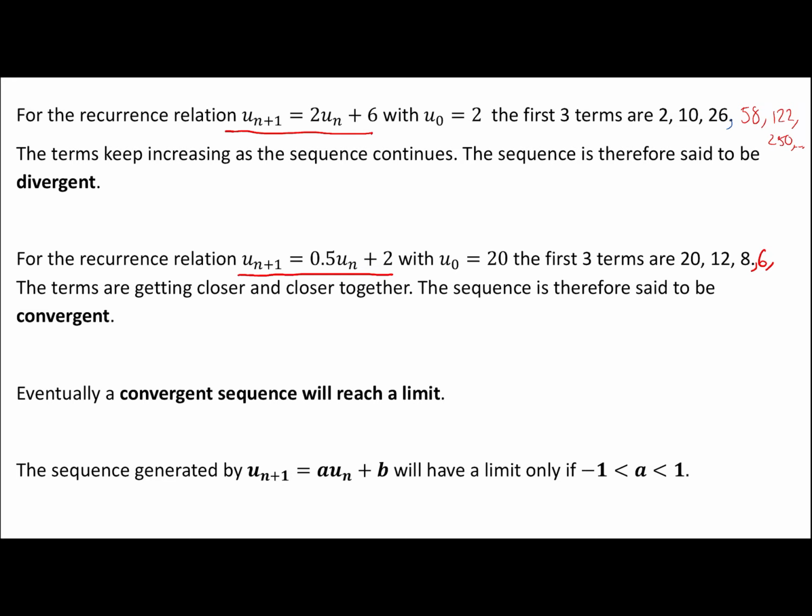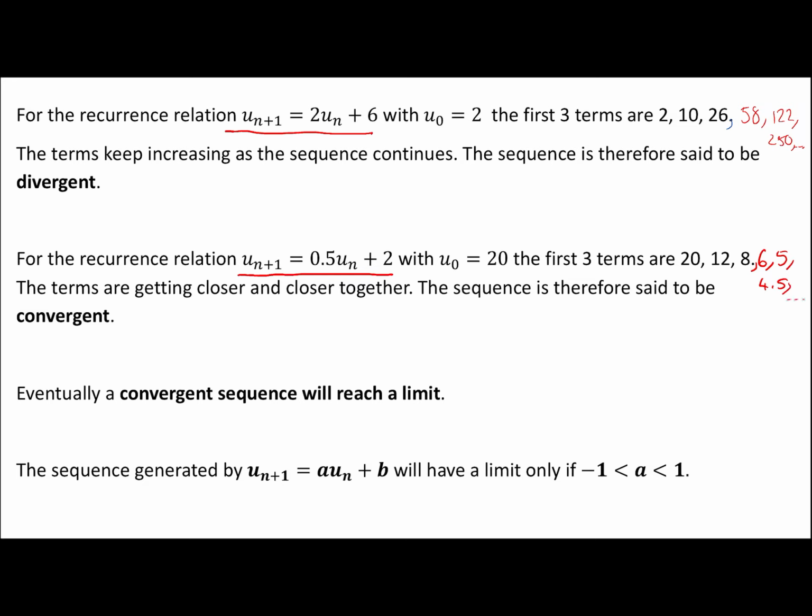After that, 5, and if I keep going, I end up with 4.5 and so on, 4.25, 4.125. We can see that it is getting closer and closer together. Because the terms are getting closer and closer together, we say that this sequence is convergent. And basically this sequence will reach what we call a limit.